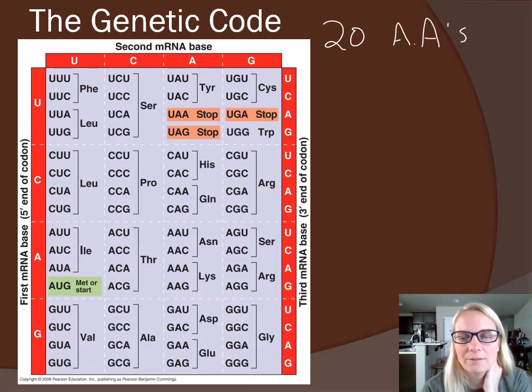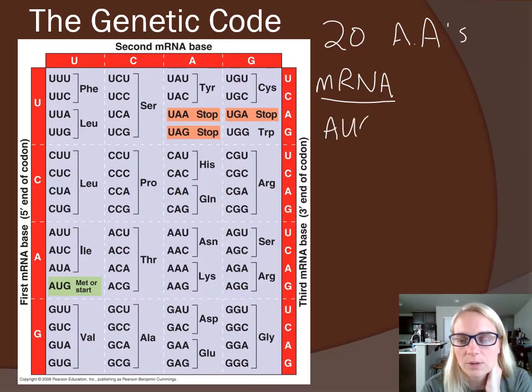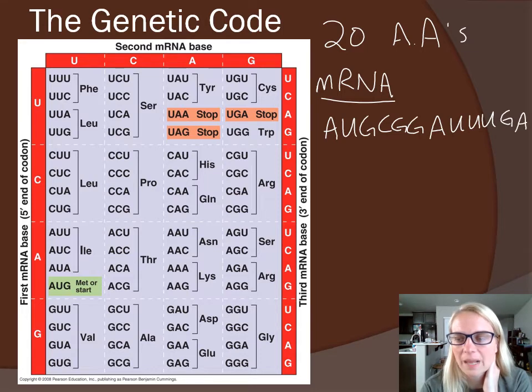So let's say I have mRNA that has been read off of the DNA in the process of transcription, and it's got this sequence. I just wrote those letters off the top of my head.